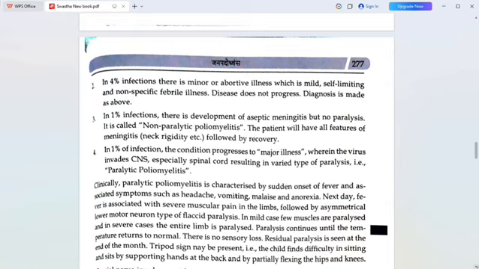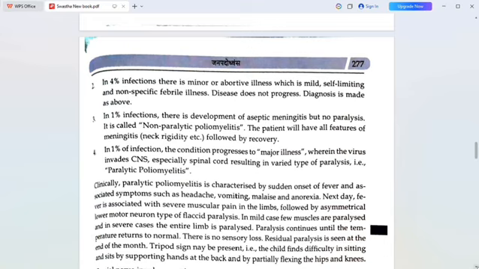The next day, fever is associated with severe muscular pain in the limbs, followed by asymmetrical lower motor neuron type of flaccid paralysis. In mild cases, few muscles are paralyzed, and in severe cases, the entire limb is paralyzed.